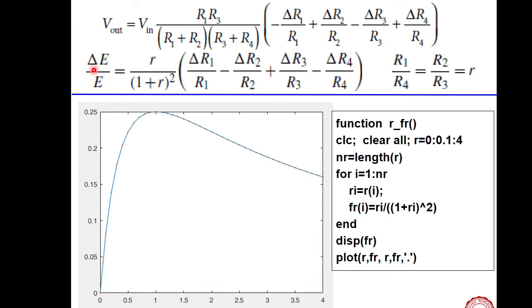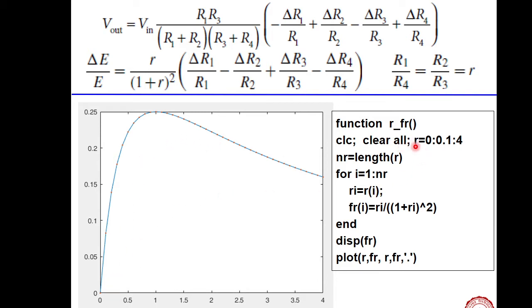So, in this particular figure, let us say this quantity is a function of R. If we make a plot of that function of R for a value of R which ranges from 0 to 4, at an interval of 0.1, there are 41 values.